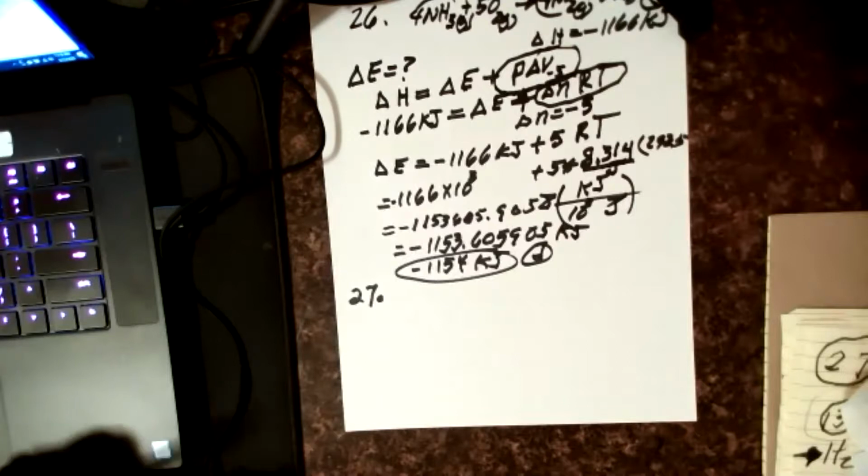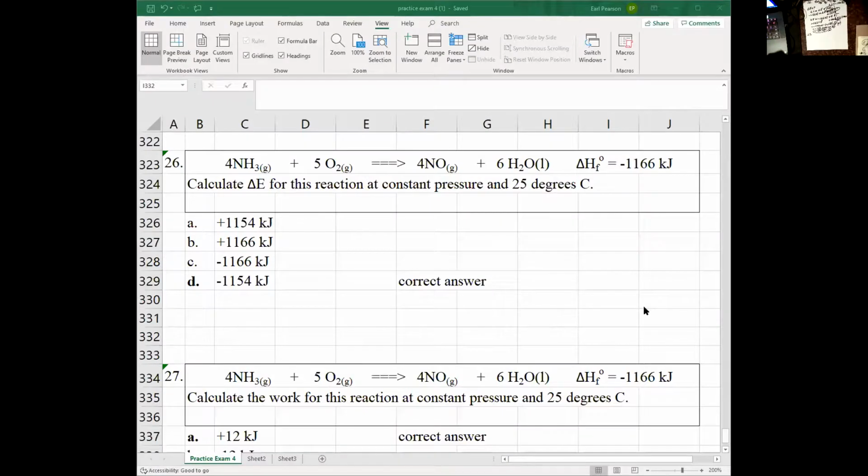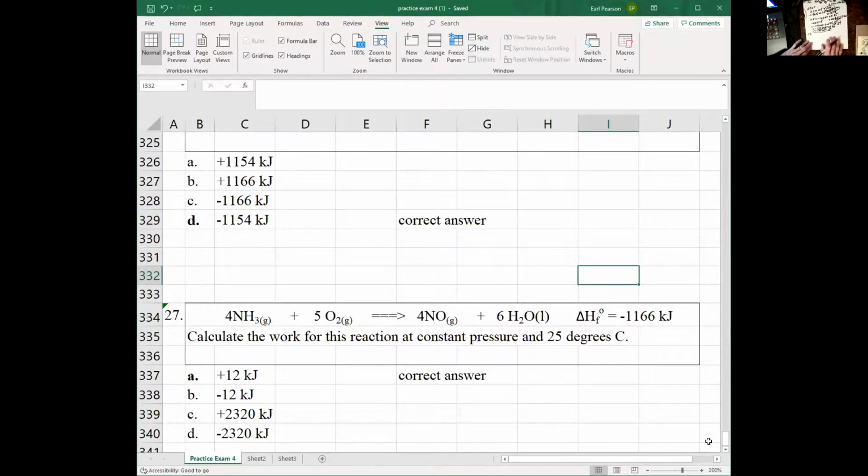All right, I need to show you the exam and work through the last problem on the practice exam. Calculate the work done in this reaction. It's the same reaction as above. I can take a shortcut here, because I already have delta H. That was given in the problem. It's minus 1166 kilojoules.